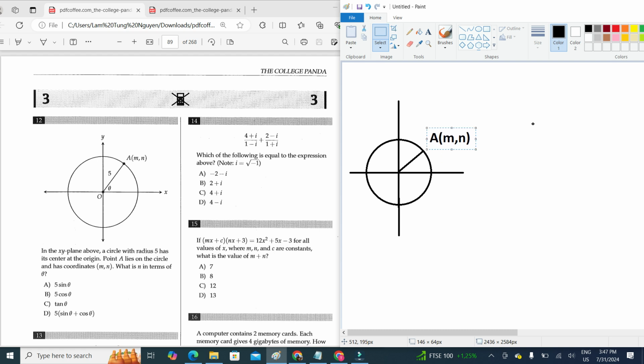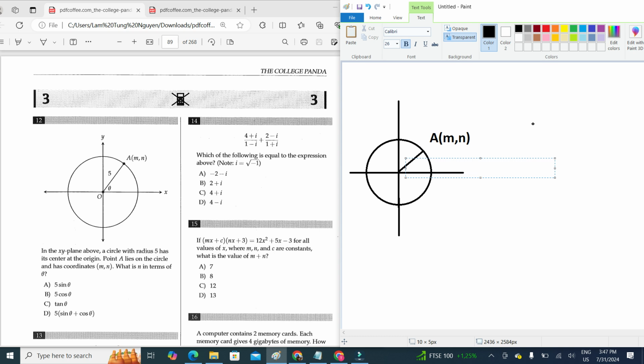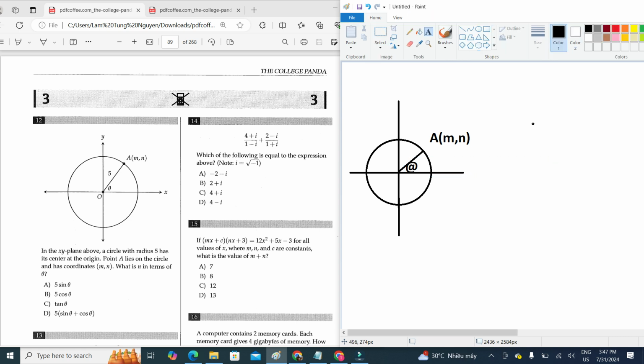So now we're going to care about this angle alpha. I'm just going to use this symbol on my computer because I don't have that symbol on the notebook with the pen.